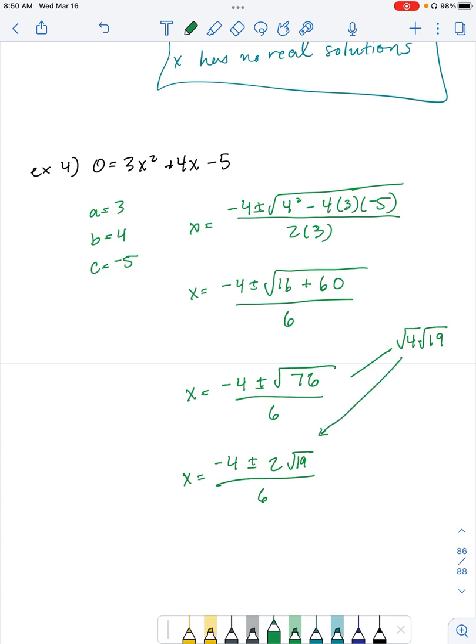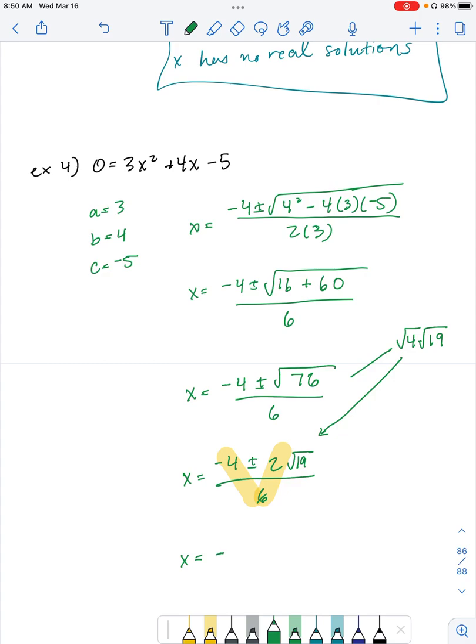We just rewrote 76 as root 4 times root 19, and then again as 2 times root 19. And finally, we reduce any fractions that we can. Here we can see that these negative 4 over 6 can be reduced by 2. They all can be reduced by 2.